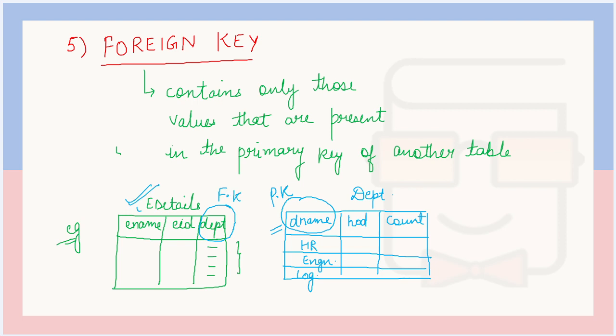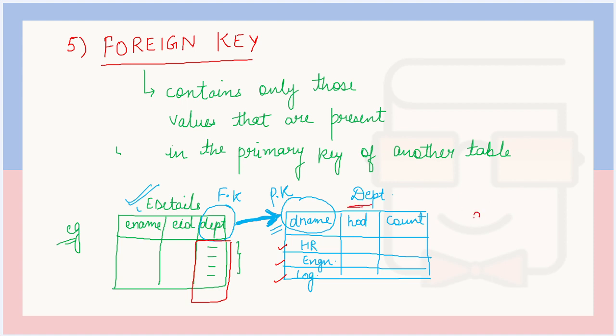Now, since it is the foreign key, it is referring to the department table and it is referring to the primary key dname. Okay, so now what does it mean? When the foreign key department is referring to the primary key dname, it basically means that the values that will be present in the department attribute of the eDetails relation, those values will be one out of the three values that are present in the primary key of department, that is the dname.